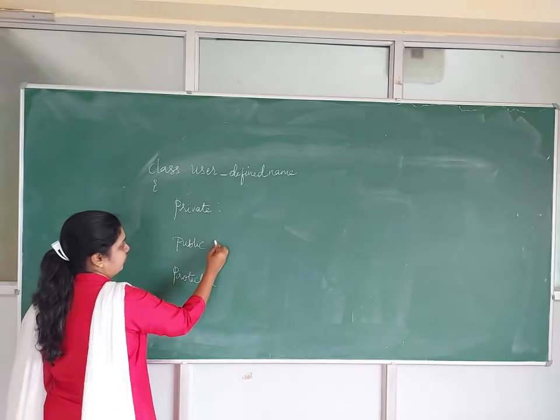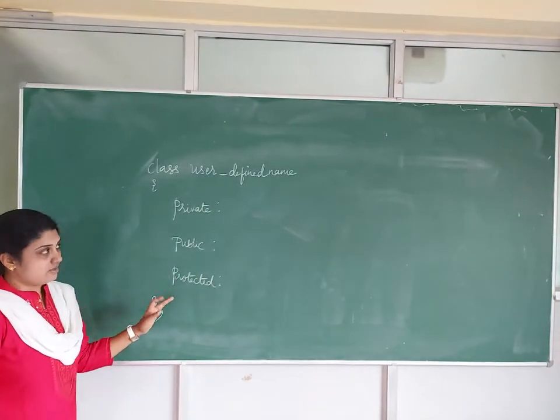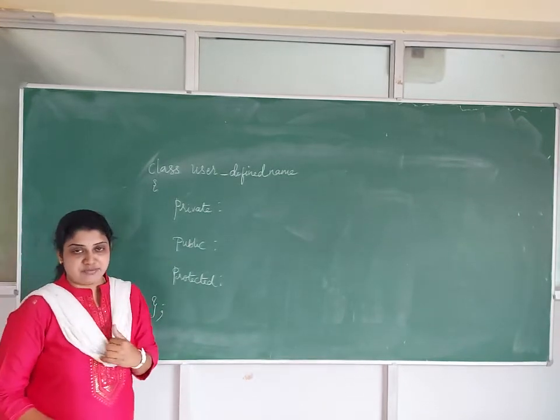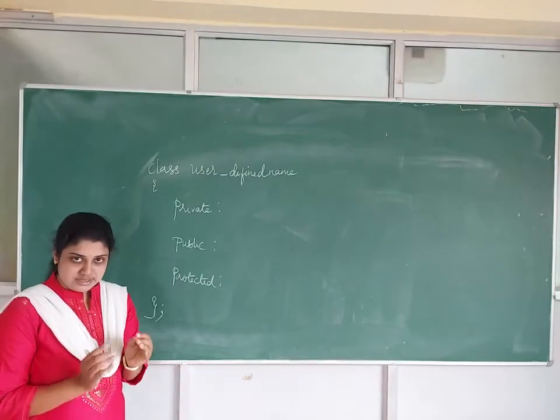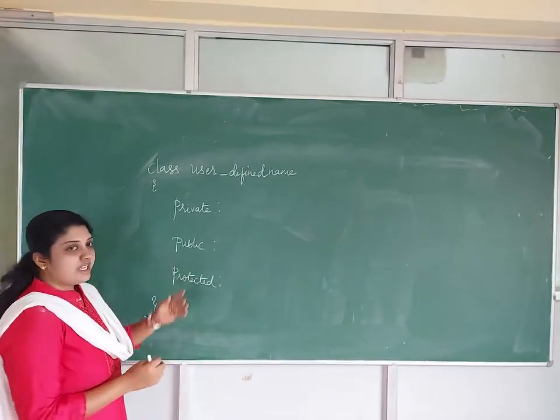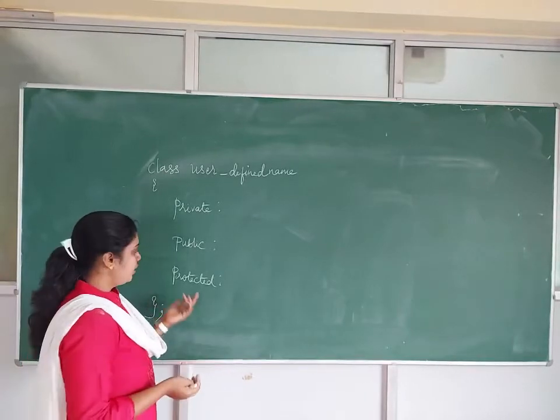So we have three access specifiers: private, public, and protected. As we discussed in the previous class, private means it can be accessed only inside the class. Public, you can access the data both inside and outside the class.